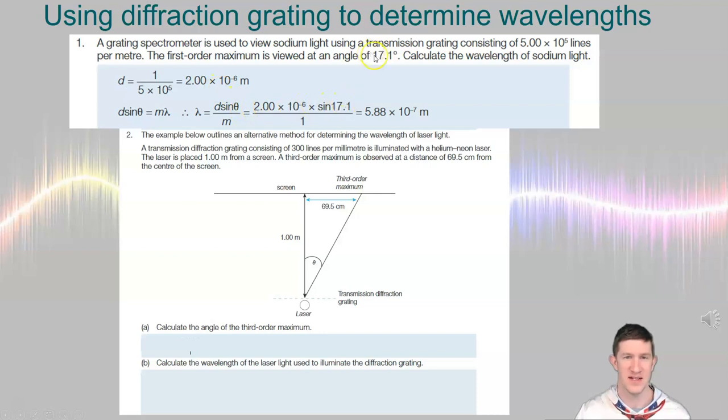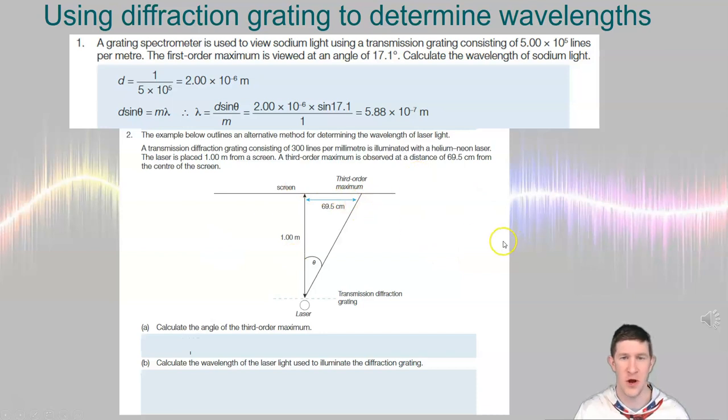Sine theta, 17.1 degrees was the viewing angle for the nth being 1, the first order maxima. So I plug that in, 17.1. That's equal to the wavelength times 1, and I get 5.88 times 10 to the negative 7 meters as my wavelength. So this is an example of how we would use it by using the measurements that we've taken.